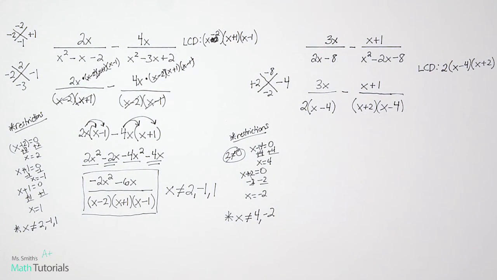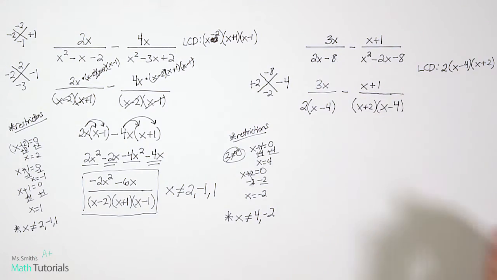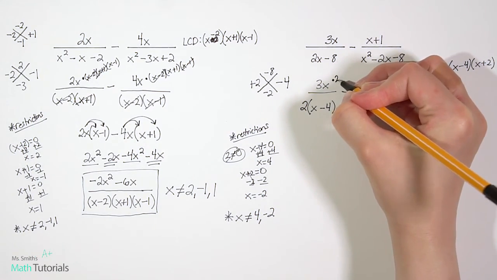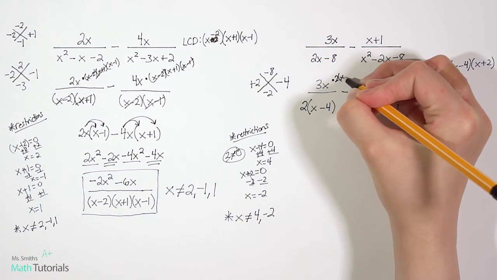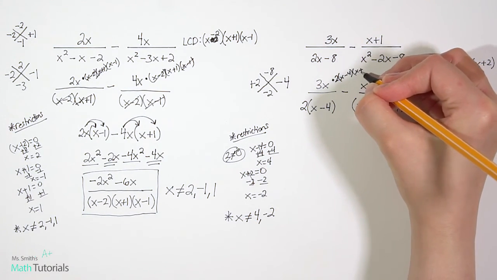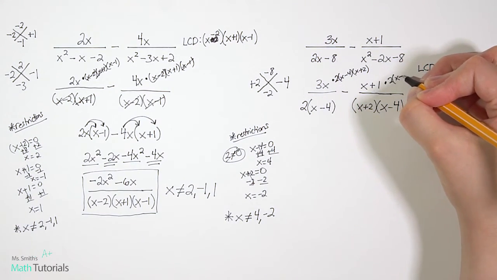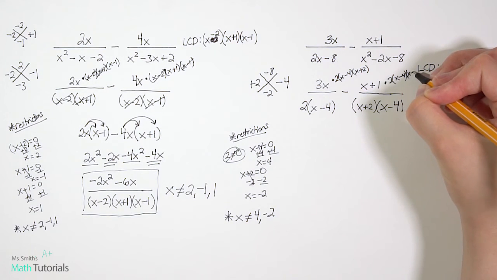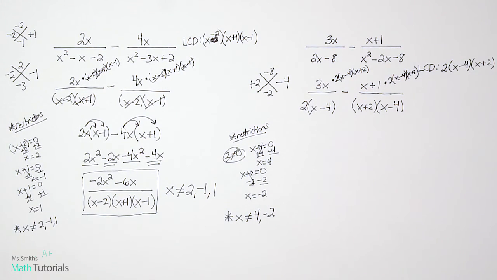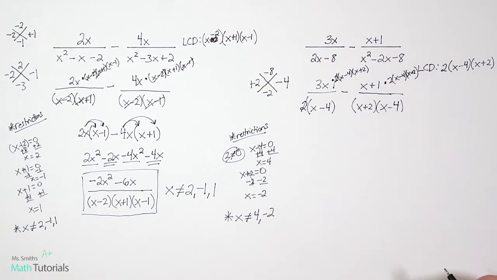Now that we have our restriction determined, we want to go back to this LCD. Remember, we multiply each of the numerators by the LCD, which I like to just do in that same step. So we've got times 2, x minus 4, x plus 2. And then we'll do the same thing to this numerator, times 2, x minus 4, x plus 2. And let's cancel what we can. So notice in this one, I can cancel both the 2 and the 2.